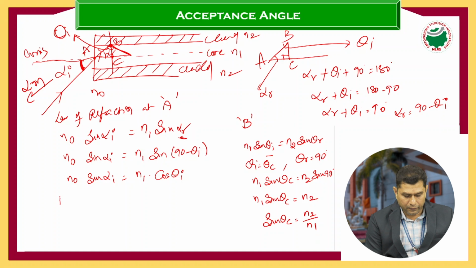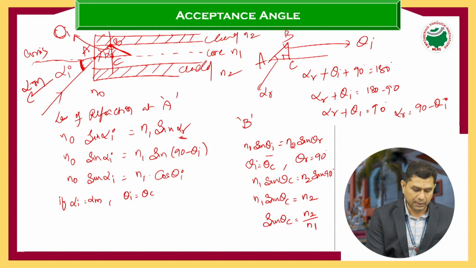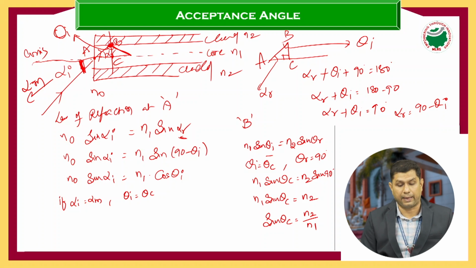Here, if alpha I equals alpha M, I told you theta I equals theta C. Which means we are adjusting the angle outside the fiber so that it is incident at an angle more than the critical angle, meaning total internal reflection is taking place.